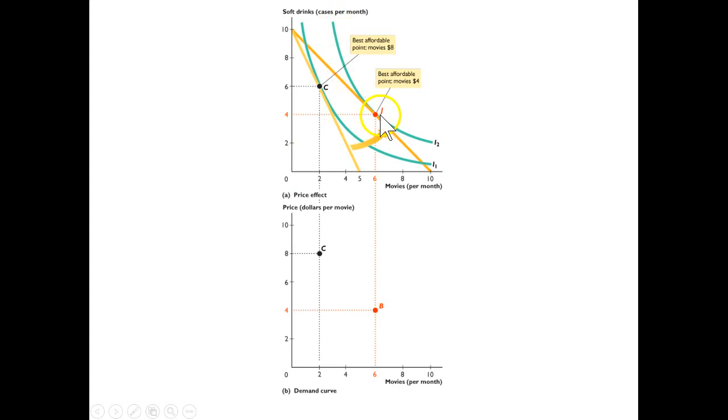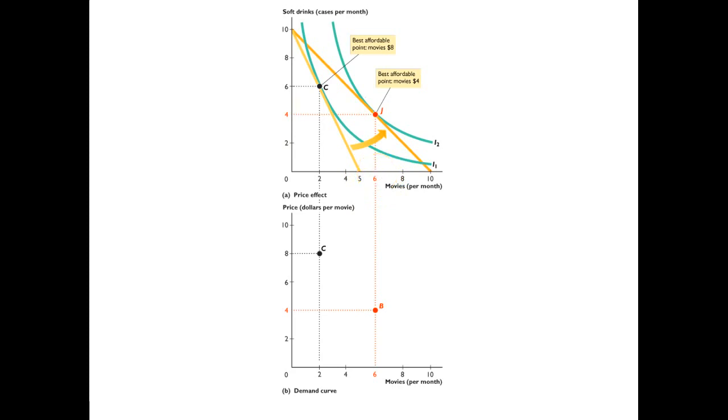And we can see there at point J, the point of tangency between the new budget line and the new higher indifference curve gives us a maximum quantity demanded of movies of 6. We don't worry about the soft drinks for now, we're just interested in the movies.